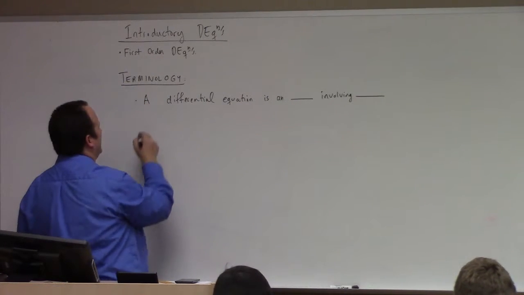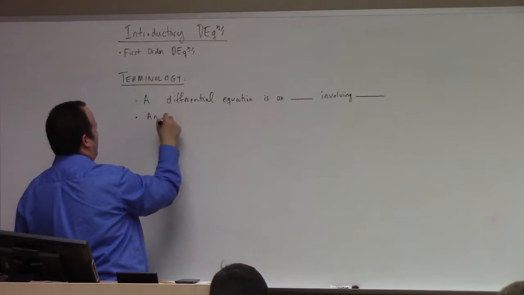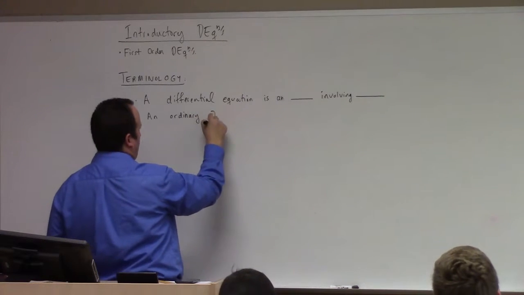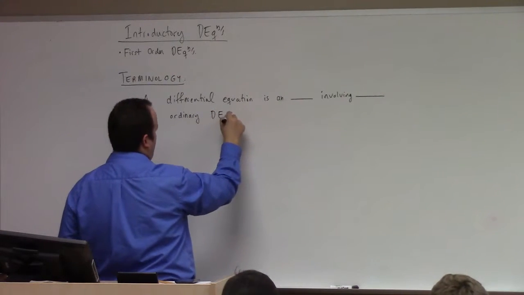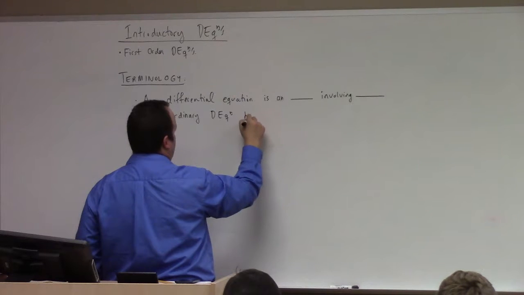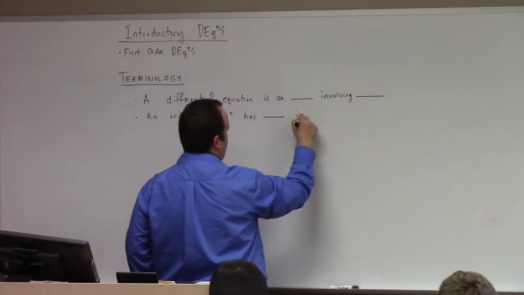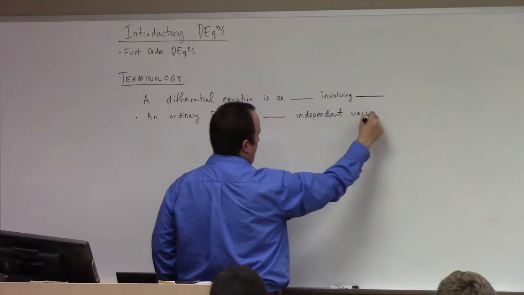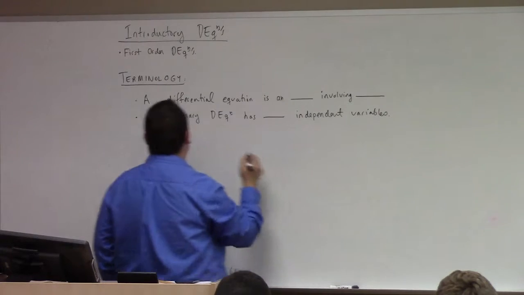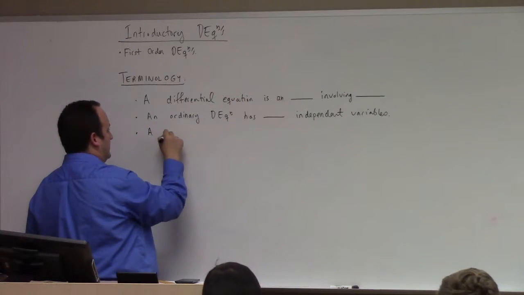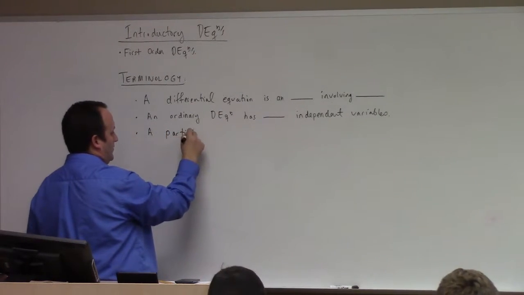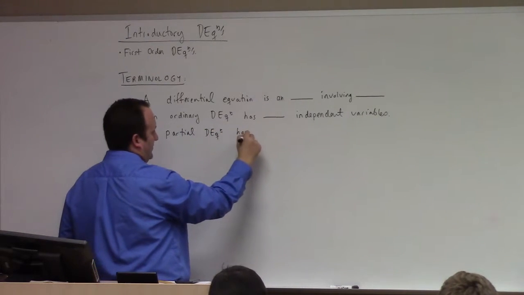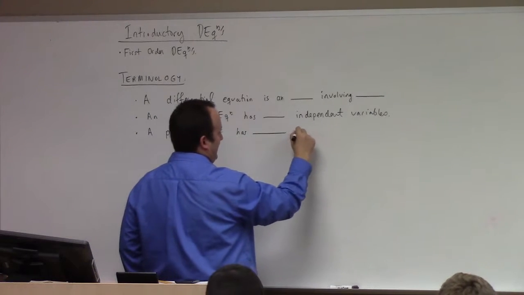What else do I want to tell you? An ordinary differential equation has blank independent variables. We'll fill in the blanks here in a second. A partial differential equation has blank independent variables.